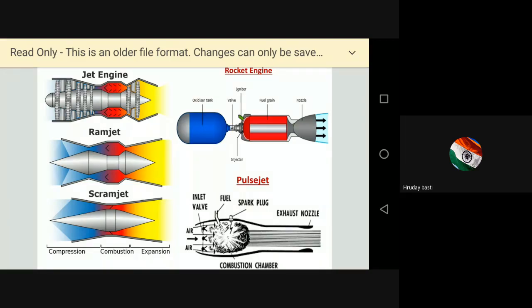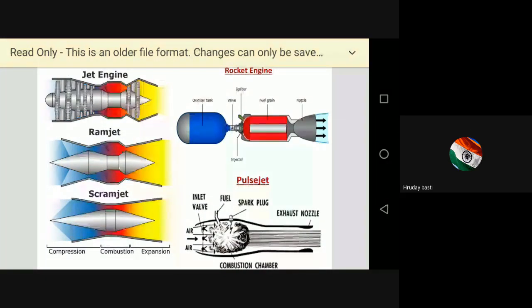So with that engine we supply the fuel, and once the fuel is supplied, the air valves are going to be closed. That is the difference. So air valves are closed. Once the chamber is completely closed on one side, on the other side, which we call the tailpipe or exhaust nozzle, the thrust is produced because of the combustion gases going outside through the tailpipe or nozzle. So like this it works in the pulse jet engine.